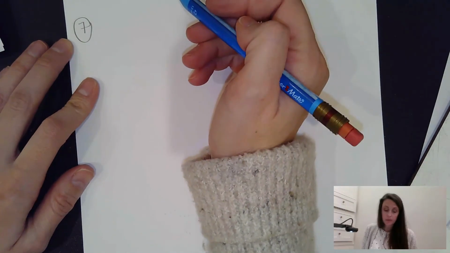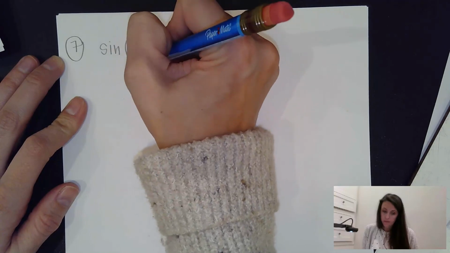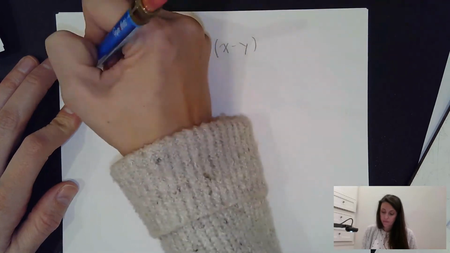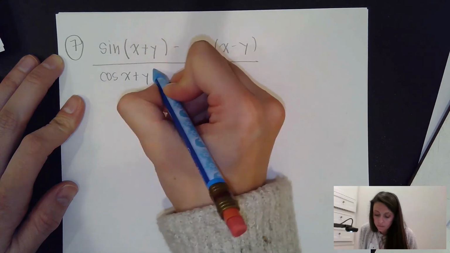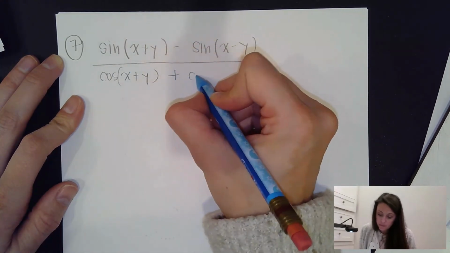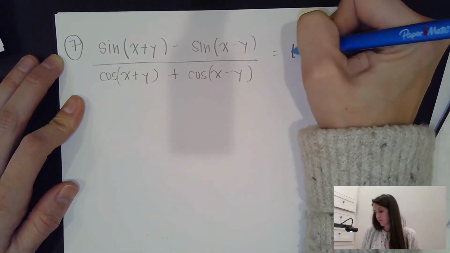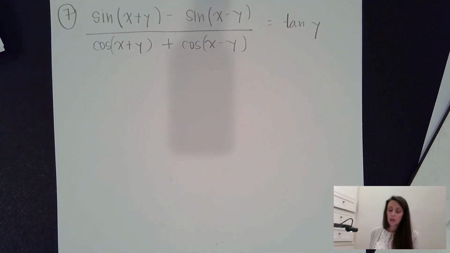All right, let's do one more. So we've got sine of x plus y minus sine of x minus y over cosine of x plus y plus cosine of x minus y.